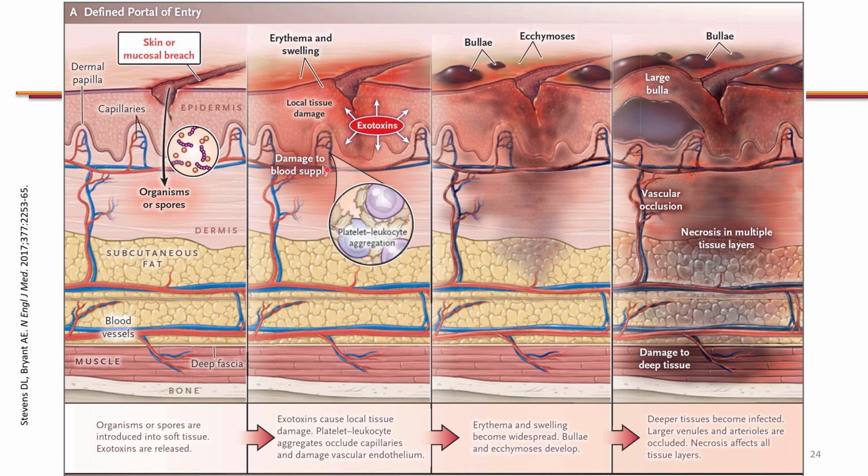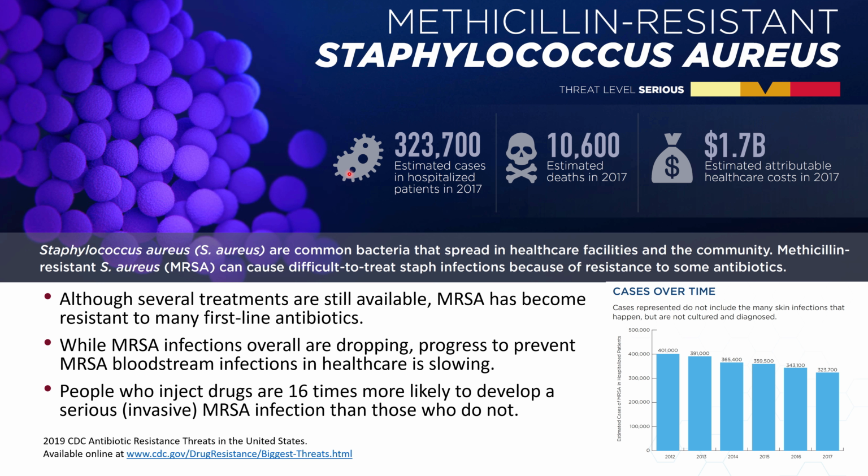And that's something that we'll talk about when we talk about selecting appropriate treatment. So we will need something with antitoxin effect. Now, because Staphylococcus aureus is often found on the skin, it has a huge role in skin and soft tissue infections. So it's important to consider, in particular, methicillin-resistant Staph aureus or MRSA.